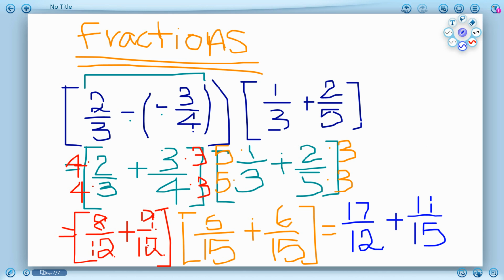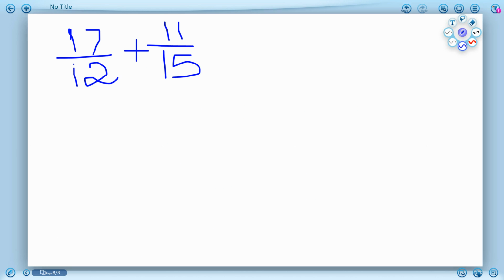Okay. Now, I really don't have room, so if you got this so far, I'm just going to go to the next page to show you what happens after this. I have 17 over 12 and 11 over 15. 17 over 12 plus 11 over 15 is what we had.